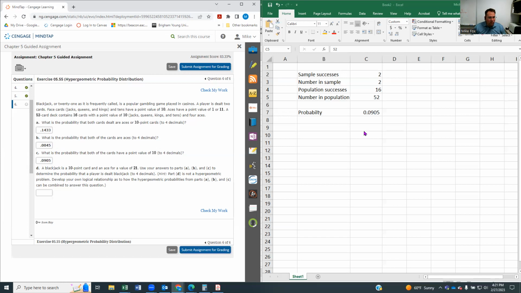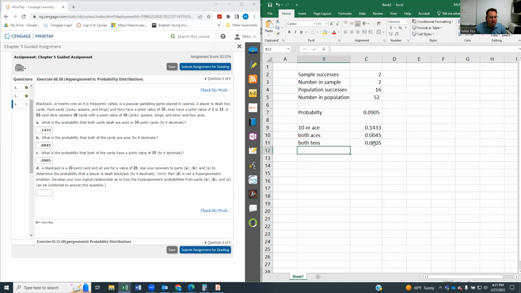So if I take this probability, I'm going to just say 10 or ace, 0.1433. And then I say both aces, 0.0045, and both tens is 0.0905.